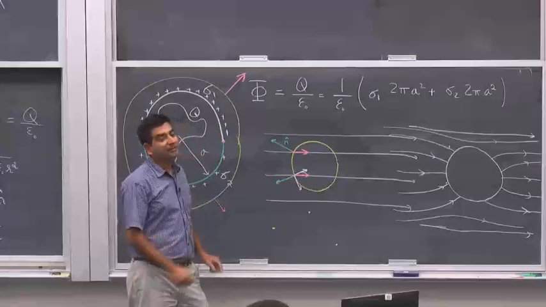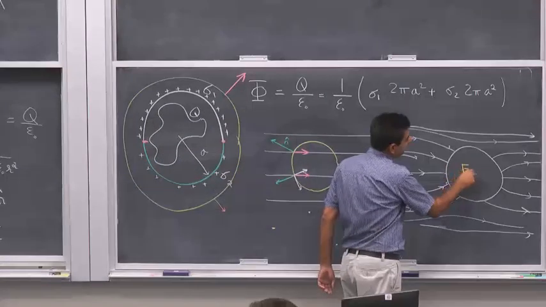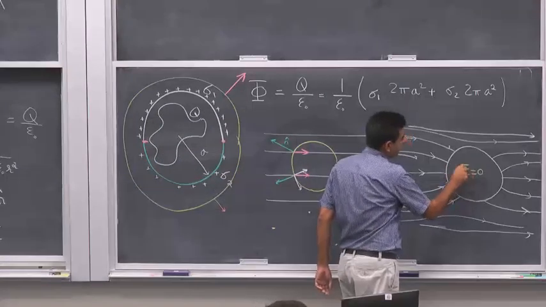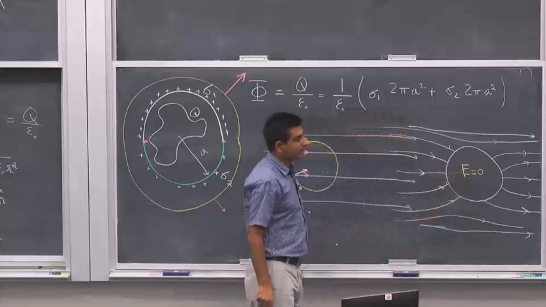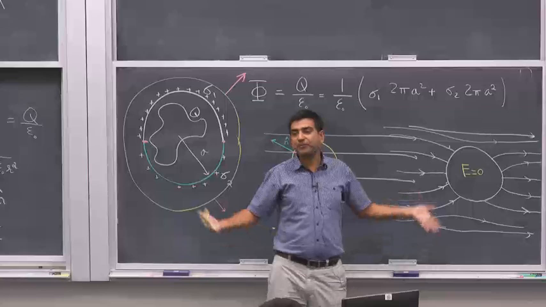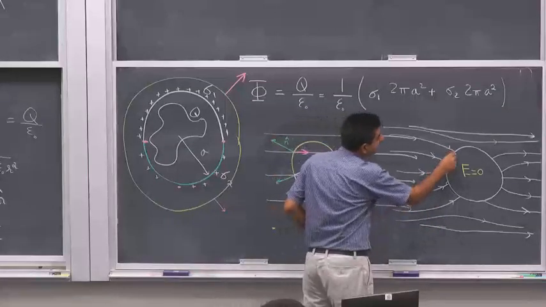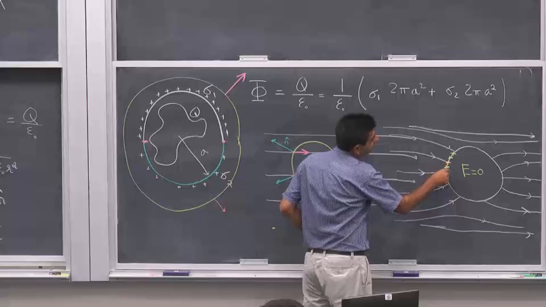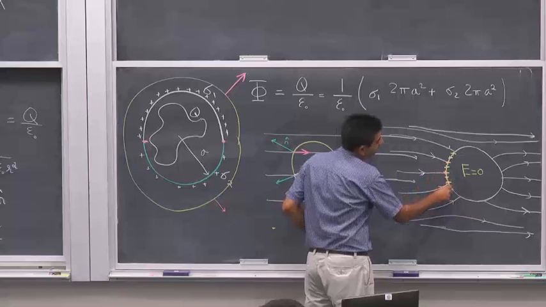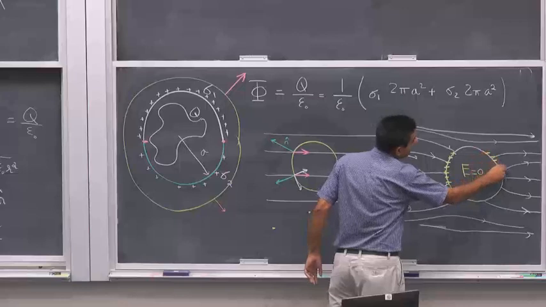And what this really means is that the net electric field inside is zero. And if this was an uncharged object, the electric field lines that are coming from the outside have to stop somewhere. So what happens is that positive charges accrue on this side, and negative charges accrue on this side.